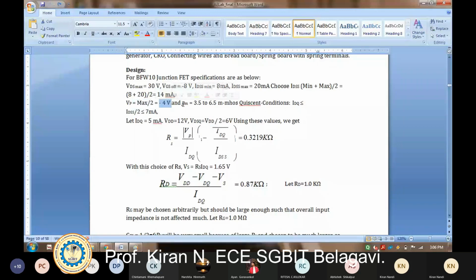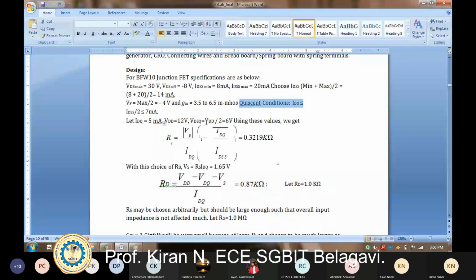So we have derived the equation today in the theory class, the 3.5 to 6.5 value, and these quiescent conditions they'll be giving here, that is IDQ is the drain current at the Q point. IDSS is the current flowing from drain to source terminal.